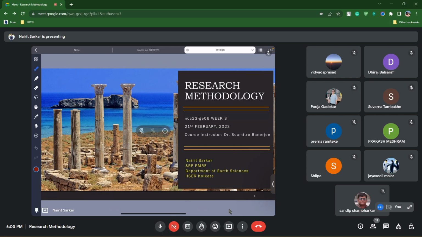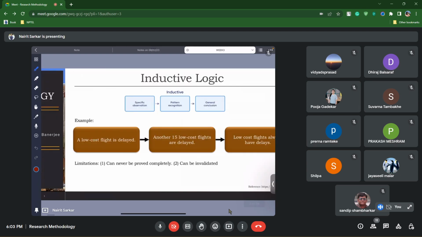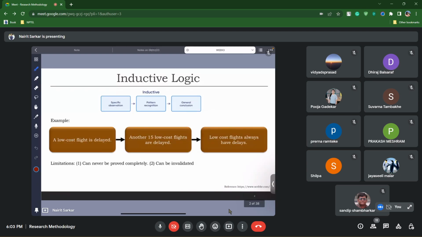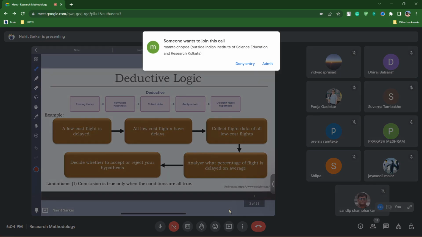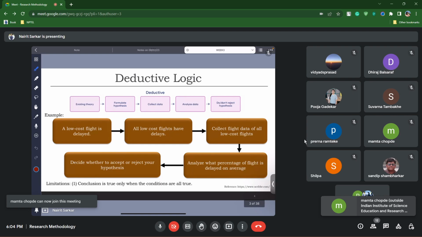Let's start today. Do any of you have any confusion regarding inductive and deductive logic? Anyone?